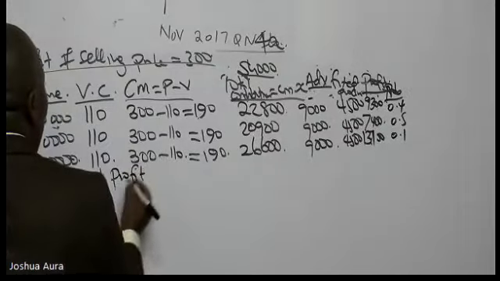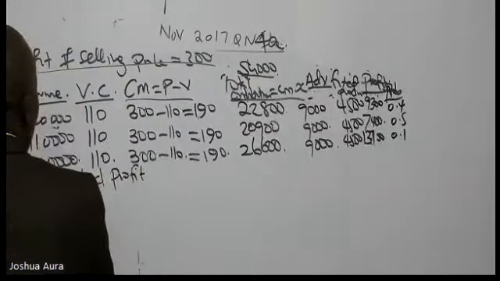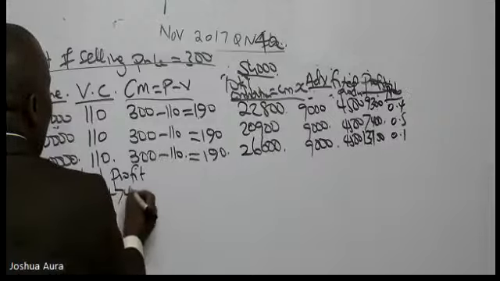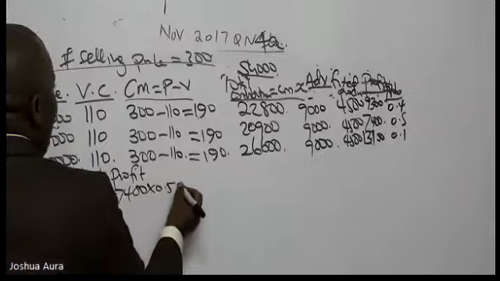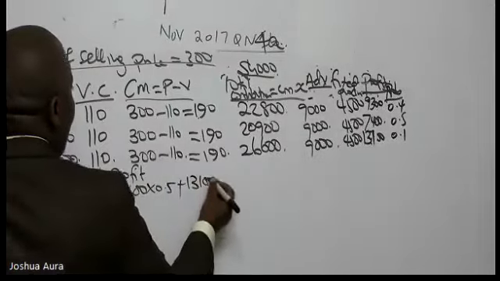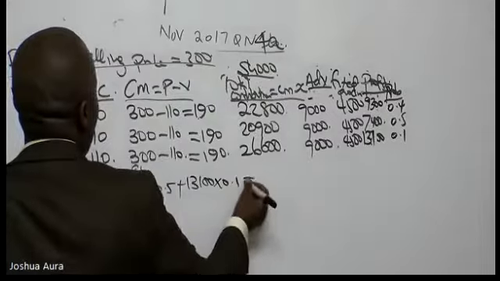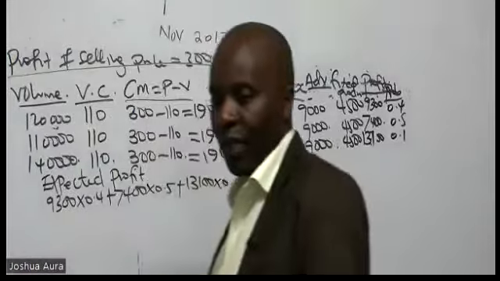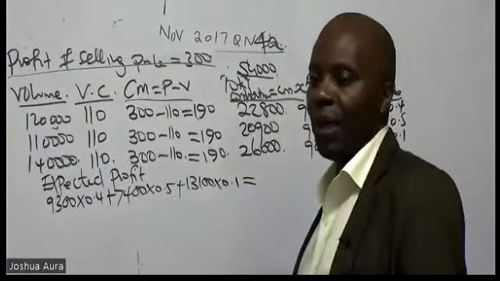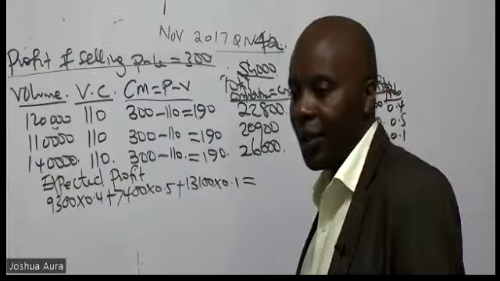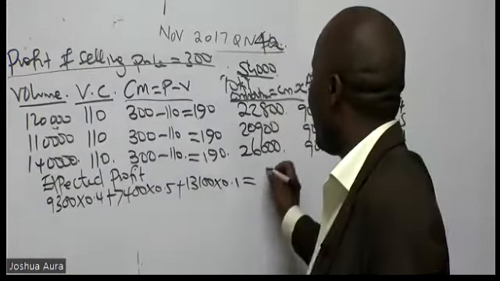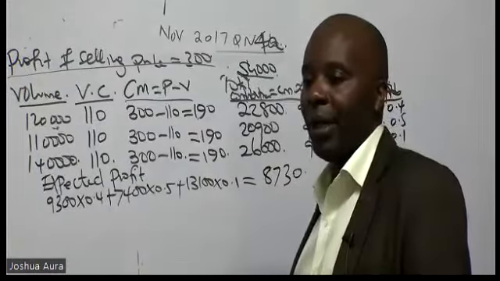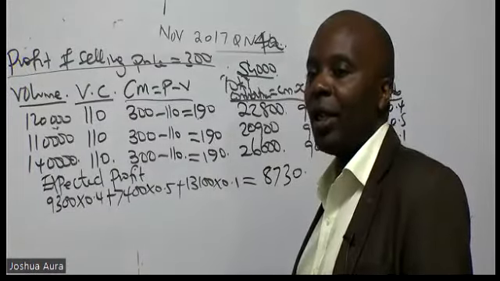So we have 9,300 times 0.4 plus 7,400 times 0.5 plus 13,100 times 0.1, like that, which will end up giving us what expected profit? Please help me out here. 87.30.